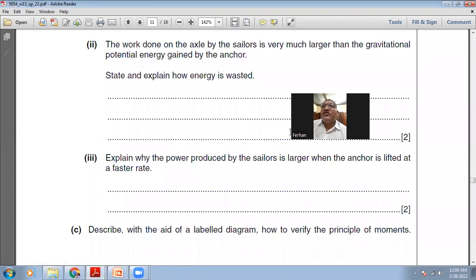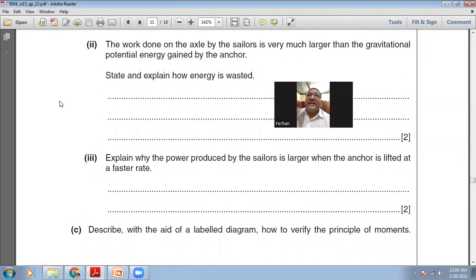Okay, so next question. The work done on the axle by the sailor is very much larger than the gravitational potential energy gained by the anchor. State and explain how energy is wasted. You see, there can be many reasons. There might be some friction between the axle and its axis, and you also have to lift the chain.